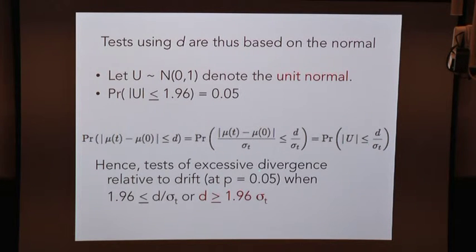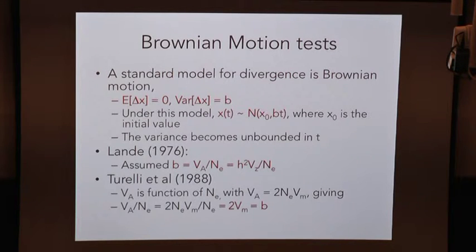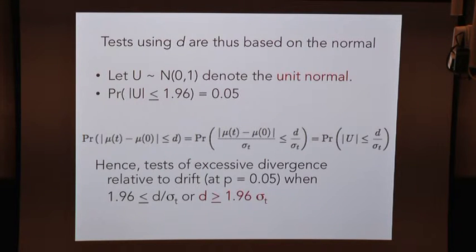And then I can rearrange this and say that if the absolute divergence that I see is bigger than about 2 times the square root of the expected variance, with the expected variance being given by this, then I've got divergence that's larger than I expect under drift.